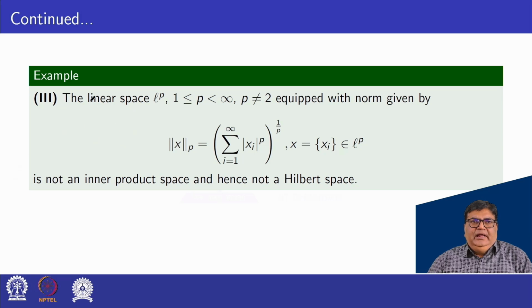Next example, Lp space. The linear space Lp, p lies between 1 to infinity, p not equal to 2, equipped with the norm given by p-norm of x equal to summation i equal to 1 to infinity mod xi power p, whole power 1 by p, for all x equal to infinite dimensional x1, x2 and so on up to infinity.